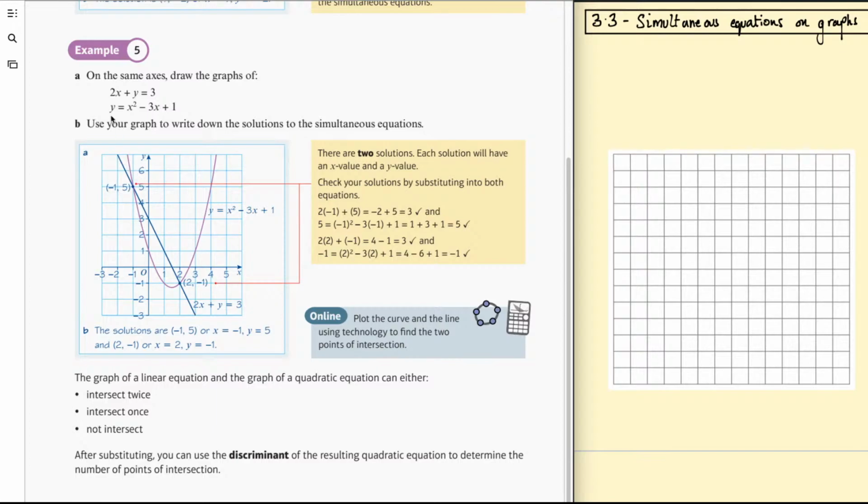Now it doesn't tell us how we should be sketching the quadratic, and there's a couple ways you could do that. You can either draw a table of values or use the method we used in chapter 2, where we found the minimum and the roots and then we sketched it.